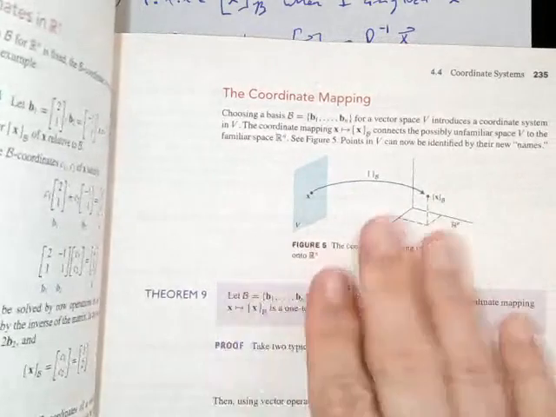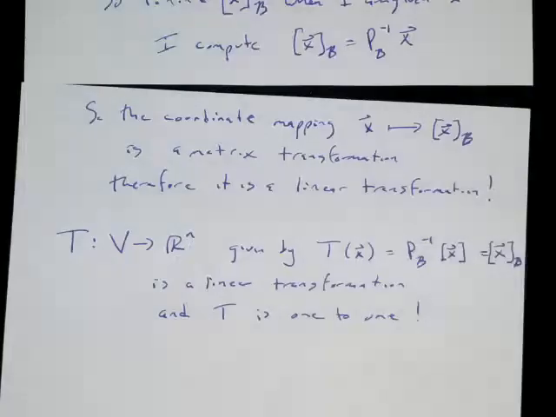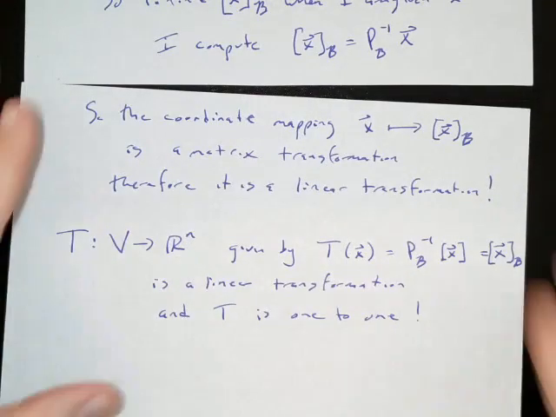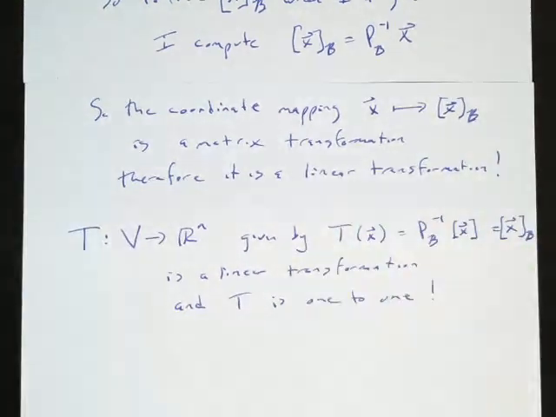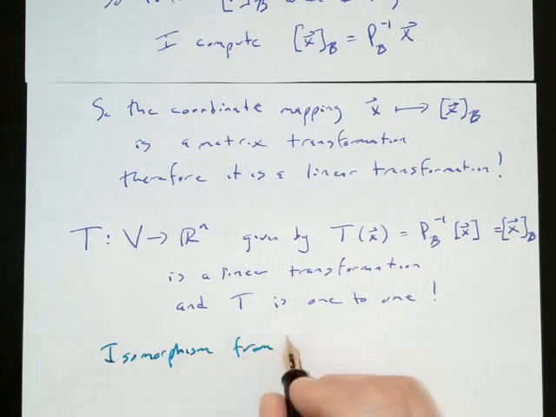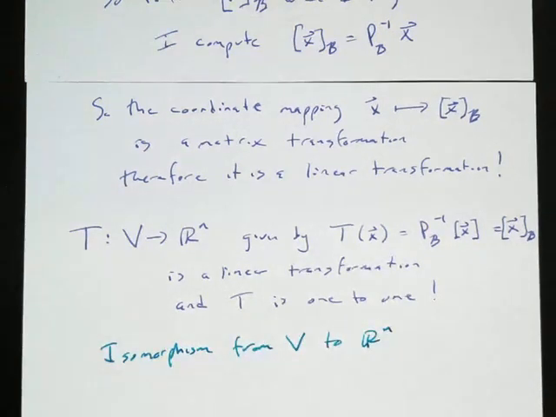The fact that this is a one-to-one map is a very particular example of a more general idea. This map is referred to as an isomorphism from V to Rn.